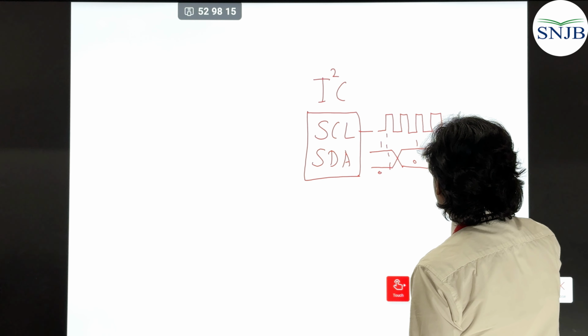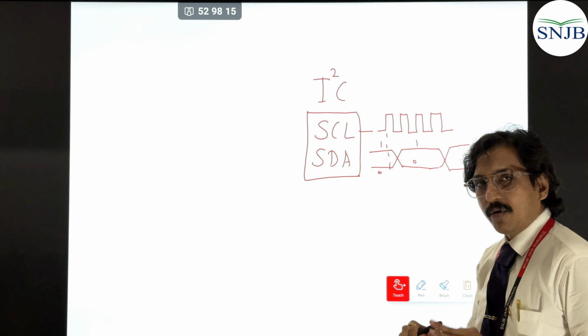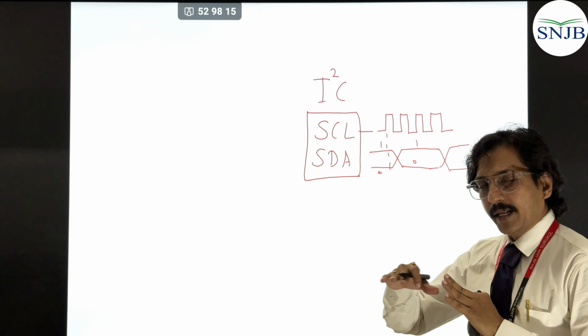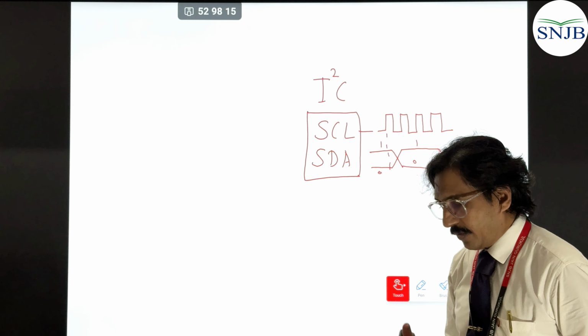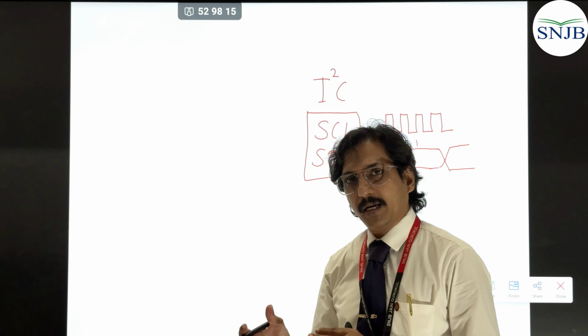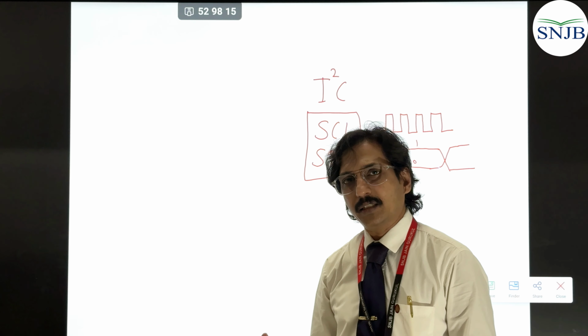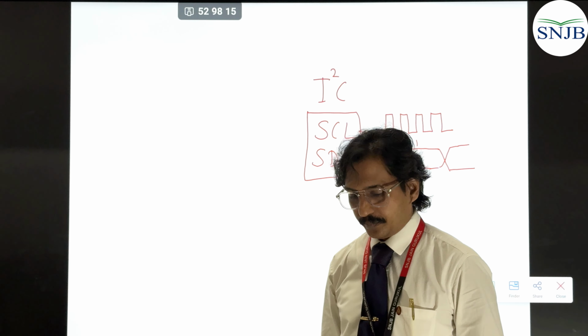After some time it transitions again like this. So our data travels on a serial bus over this clock. If our memories are serial, or our analog to digital converter or digital to analog converter is serial, then using the I2C bus we can control them.